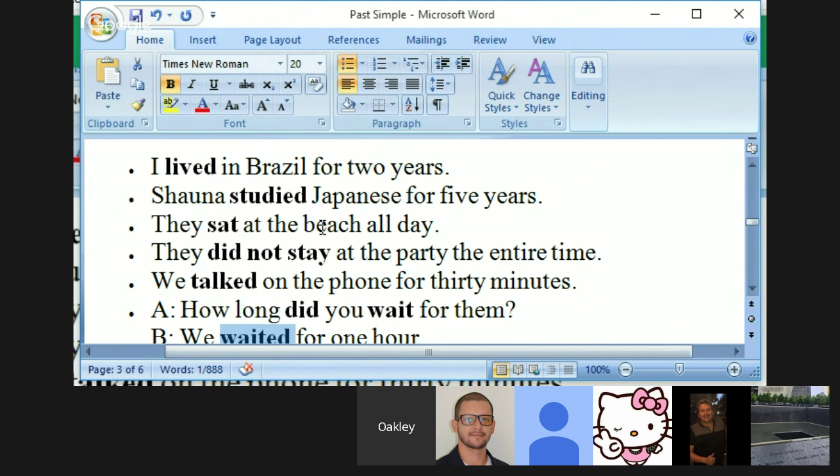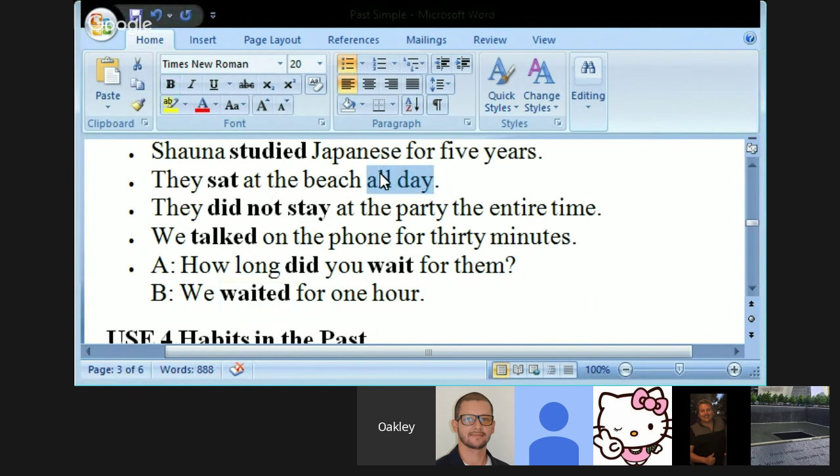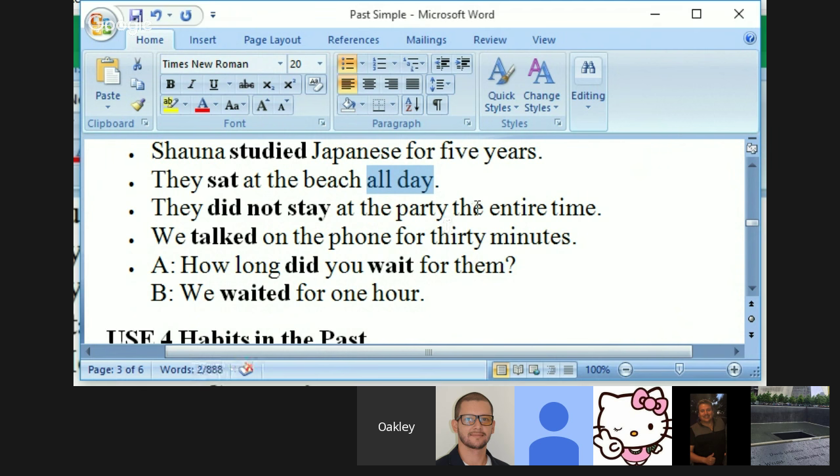Okay. They sat at the beach all day. If I get rid of "all day," they sat at the beach, well, I don't know how long they were sitting at the beach, 5 seconds, whatever. The important thing is it's a finished action.